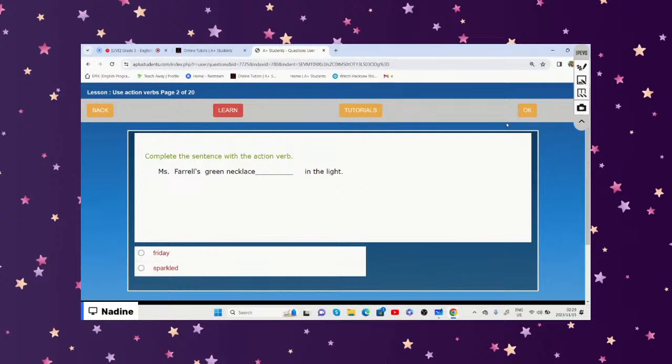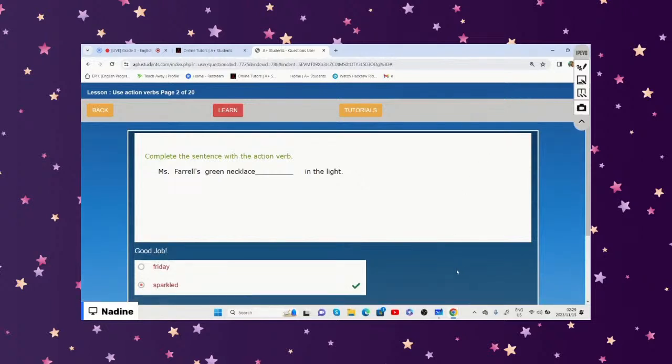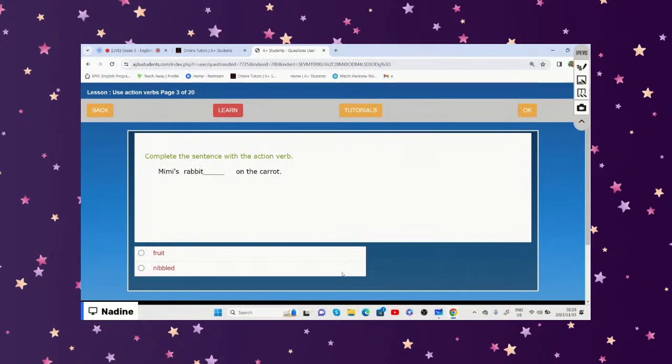So we can say Miss Farrell's green necklace sparkled in the light. Yes, and sparkled is correct. So well done, sparkled is correct.